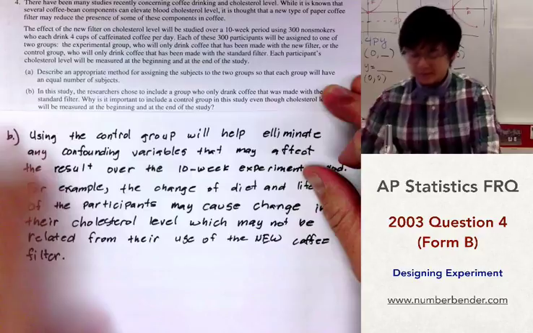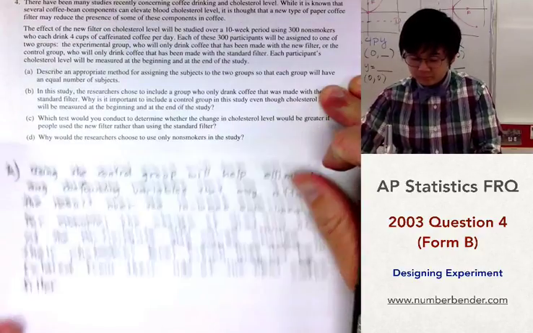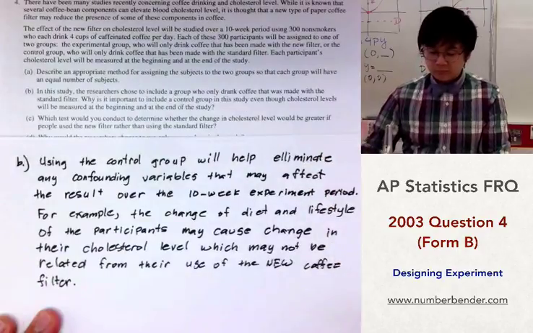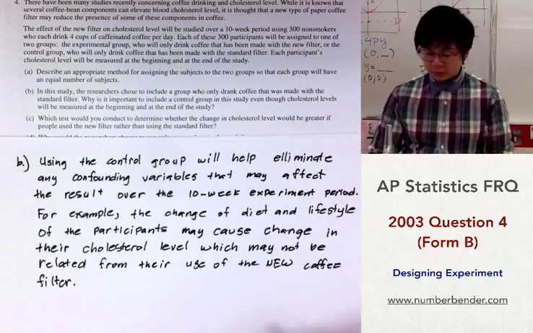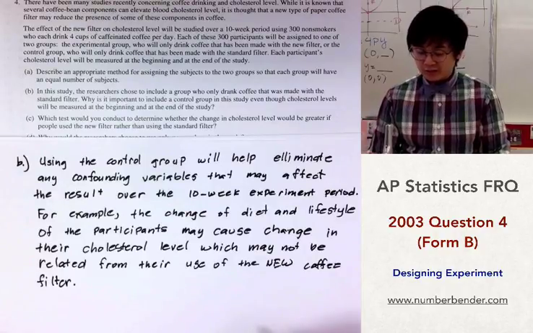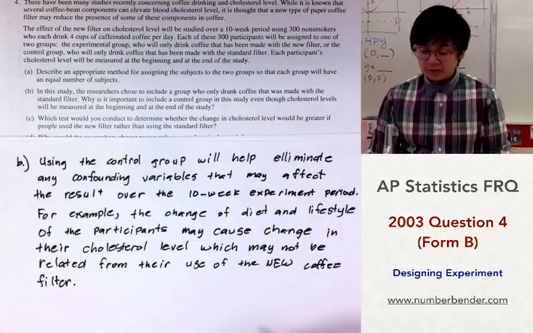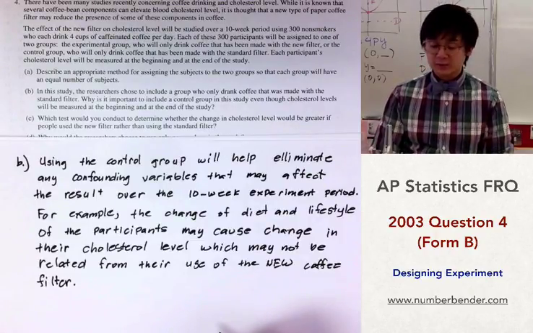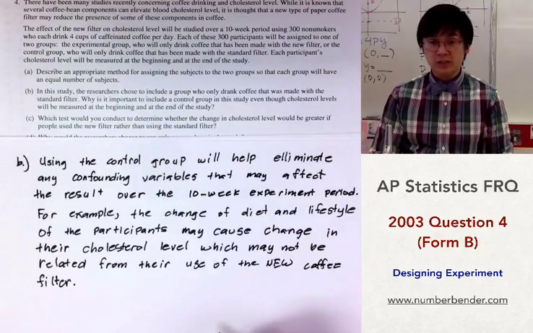And for problem letter C, we need to see which test you would conduct to determine whether the change in cholesterol level would be greater if people use the new filter rather than the standard filter. For letter C, we're just being asked what statistical test we're going to use to conduct this experiment.